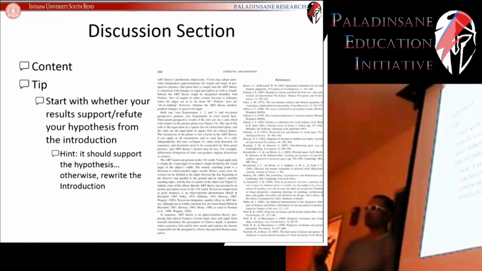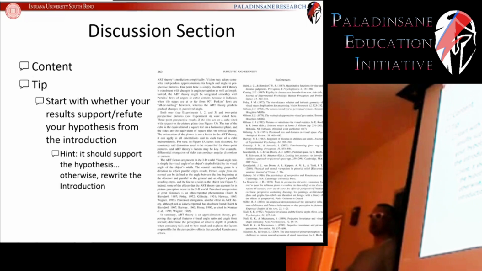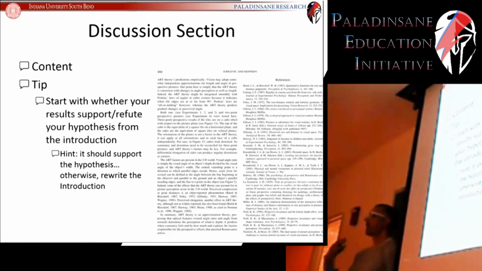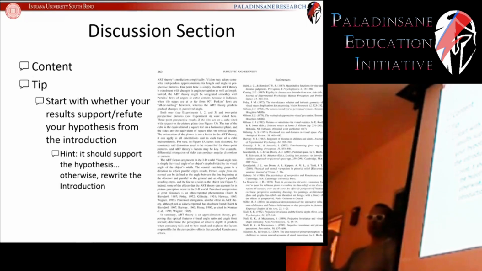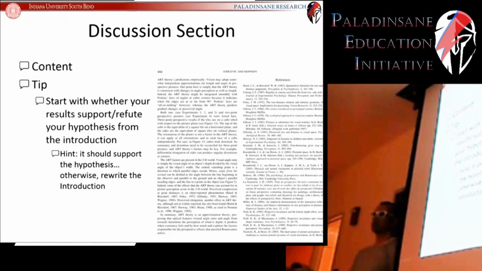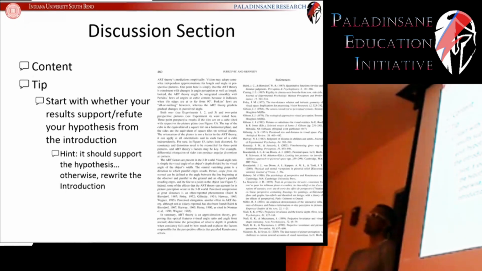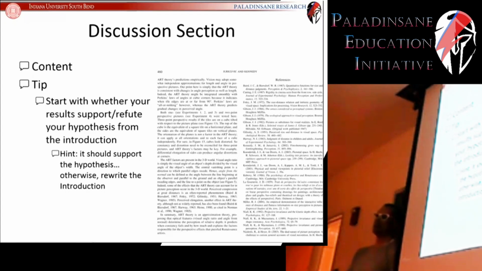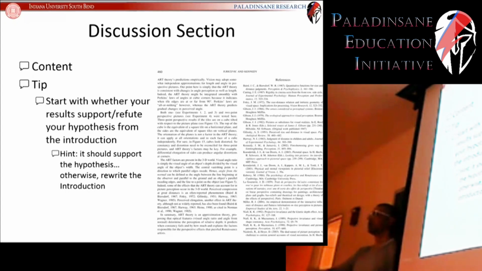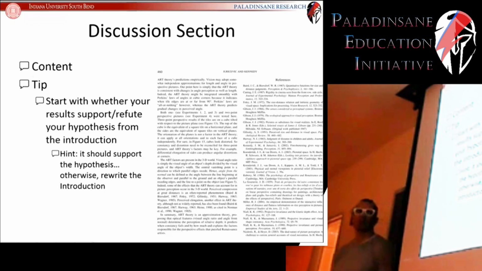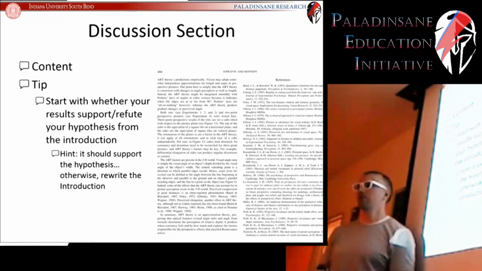So these hypotheses, to give you an analogy, are your suspects in your murder mystery novel. You need to set up suspects in the introduction of your murder mystery novel, and then by the end of it, one of those suspects needs to be the murderer. If by the end of it none of those suspects is the murderer, go back and rewrite your introduction so that one of them is the murderer. Same thing when you're writing your research report.